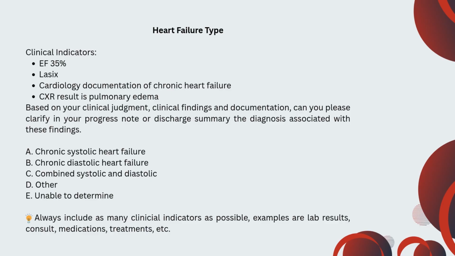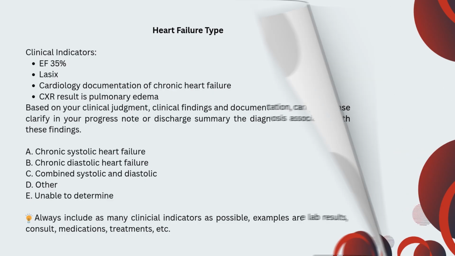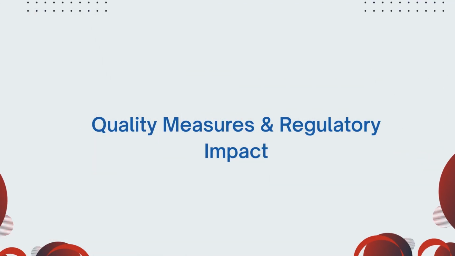A. Chronic systolic heart failure. B. Chronic diastolic heart failure. C. Combined systolic and diastolic. D. Other. E. Unable to determine. Always include as many clinical indicators as possible. Examples are lab results, consultation, medications, treatments, etc. Next slides will explain the quality measures and regulatory impact.